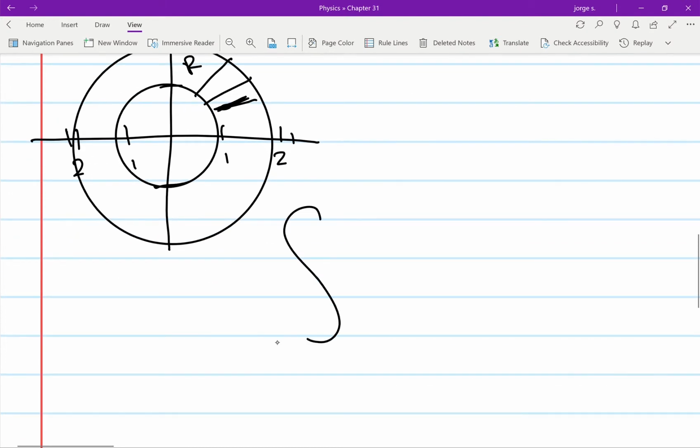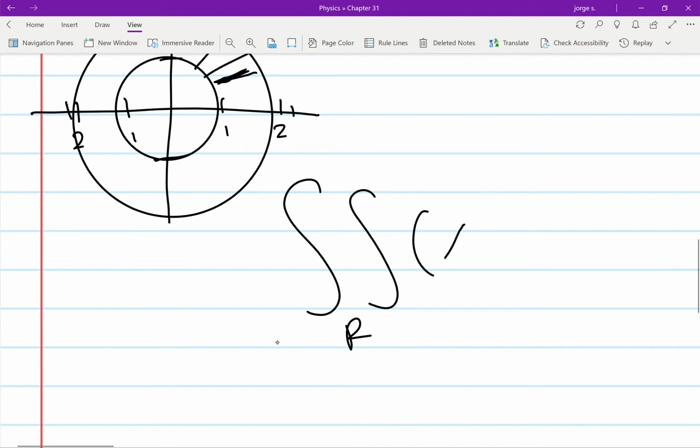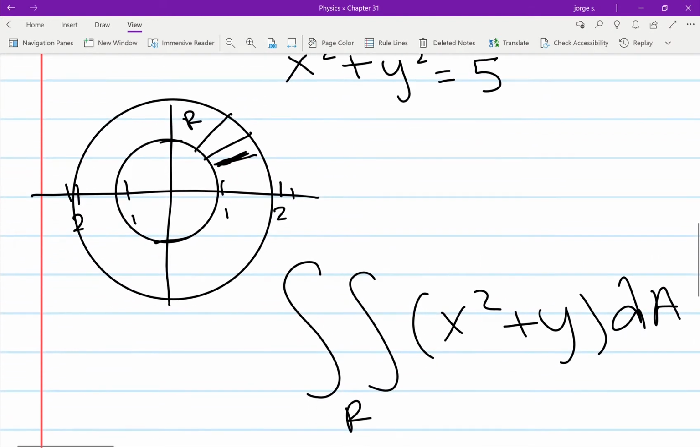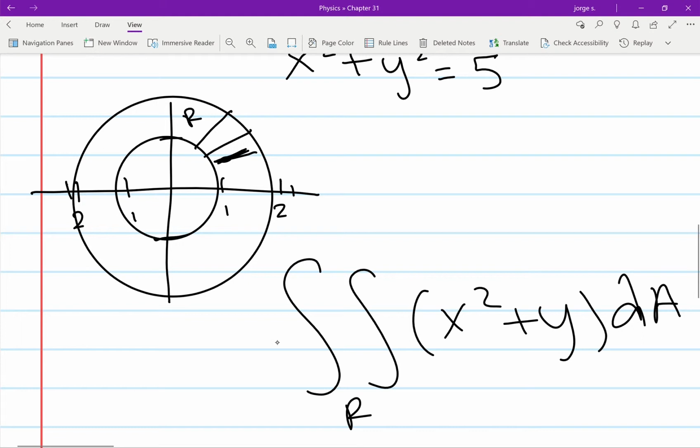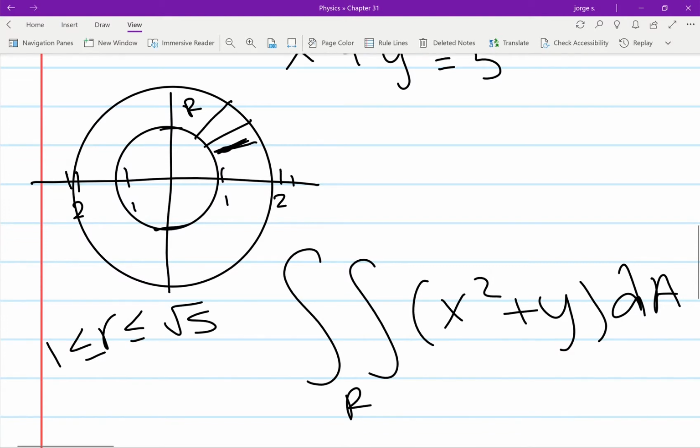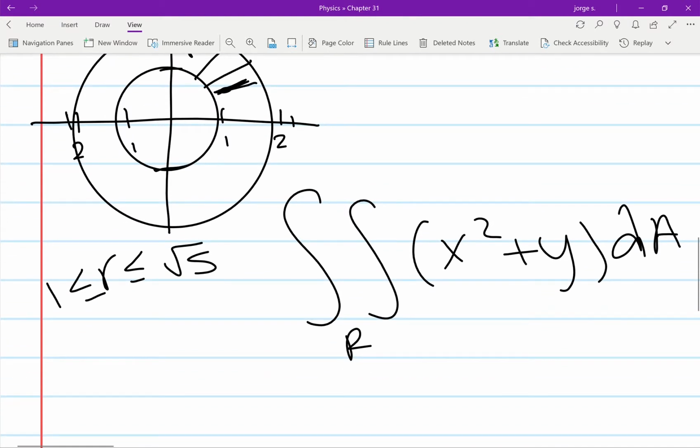So we have this. Alright, so now from this graph we can see that our r is in between rad 5 and 1, and we know that our theta, since it's a circle, goes from 0 to 2 pi.